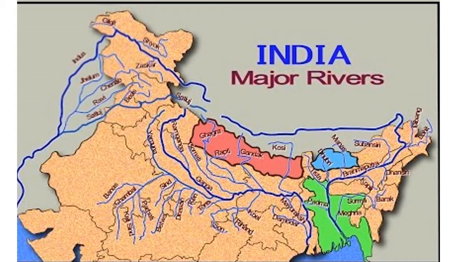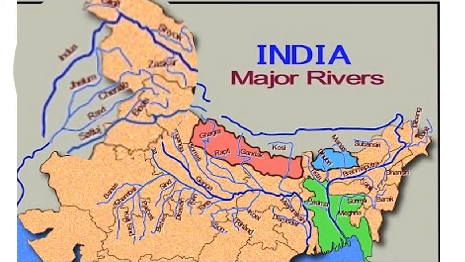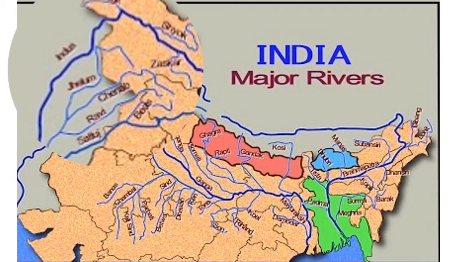The Punjab plain lies in the western part of the northern plain, formed by the Indus and its tributaries. The large part of this plain lies in Pakistan. The Indus tributaries like Jhelum, Chenab, Ravi, Beas and Satluj originate from the Himalayas.